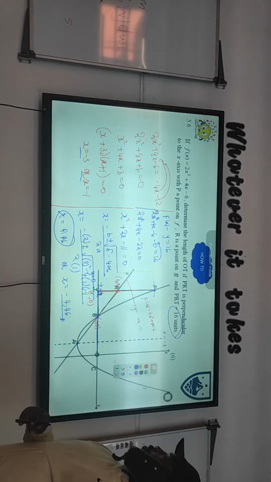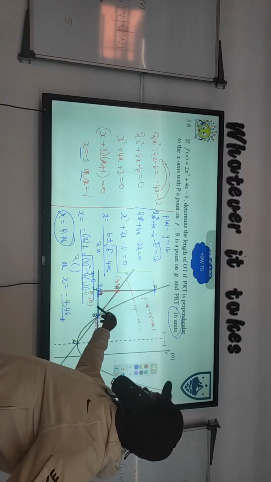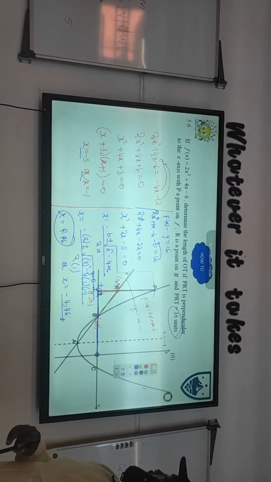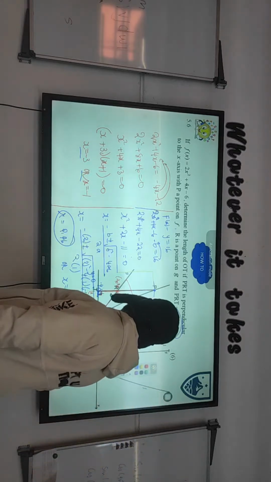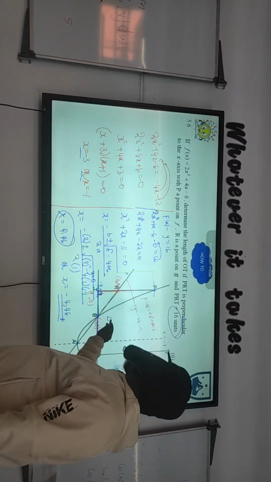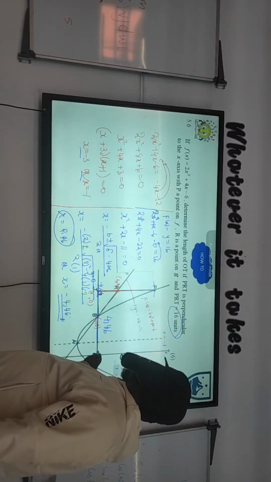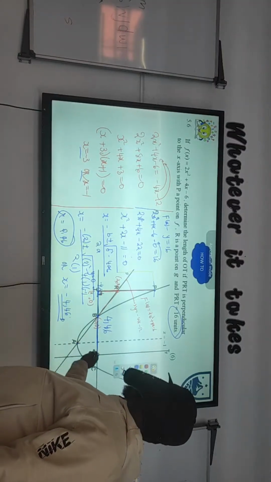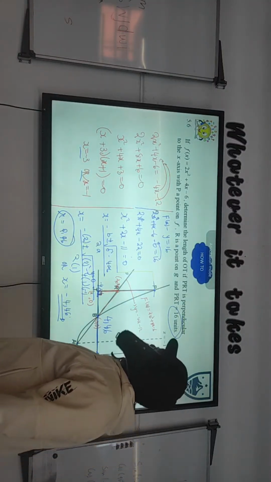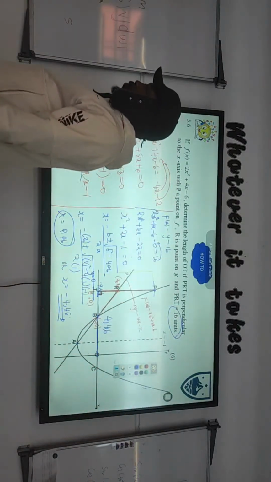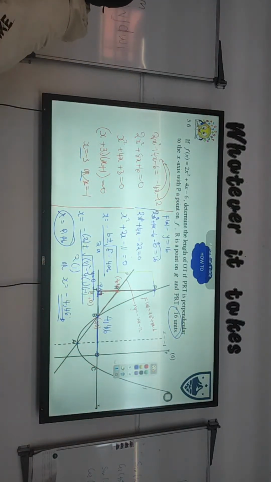I was going to use the point of intersection to find that point, and it didn't work. So what we get is that the distance will just be, remember distance is positive, 4.46, because moving from negative 4.46 to the origin is 4.46, and they're looking for the value of OT. Please check that one. That's an interesting problem.